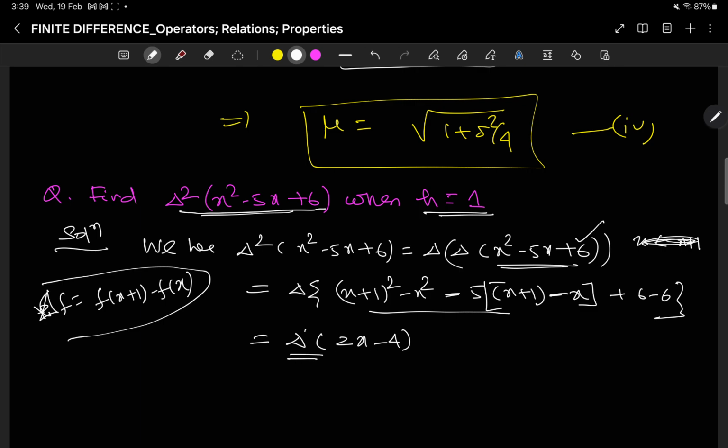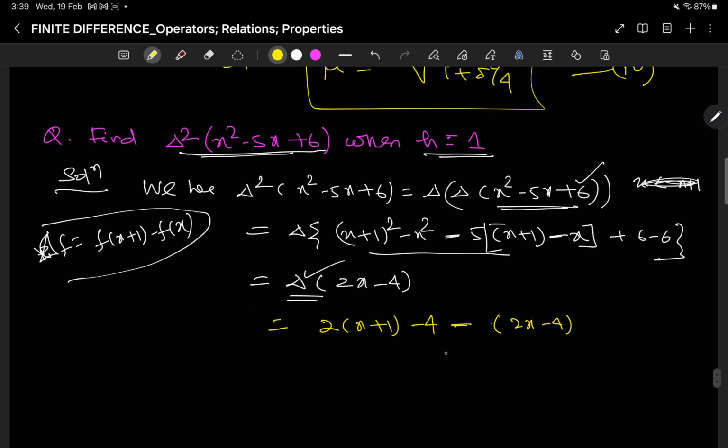Now del is operated upon this. So it will be here 2 into x plus 1 minus 4 minus your 2x minus 4. Okay. And you simplify it. 4 cancelled here, and 2x is also cancelled here, so it is only 2, right?